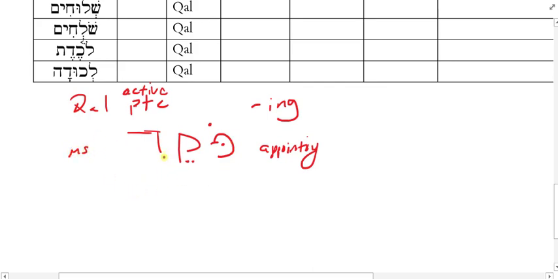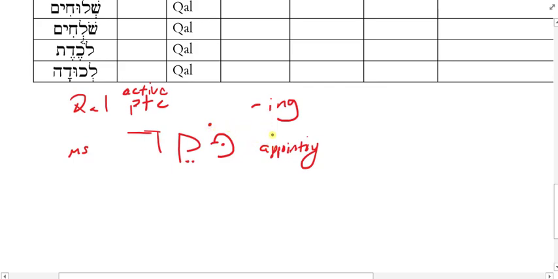What was the feminine singular form? Poqedet. The masculine plural? Poqedim. Feminine plural? Poqedot. Remember zero, ah or et, im, and ot. Participles use all the endings that the nouns and adjectives use.